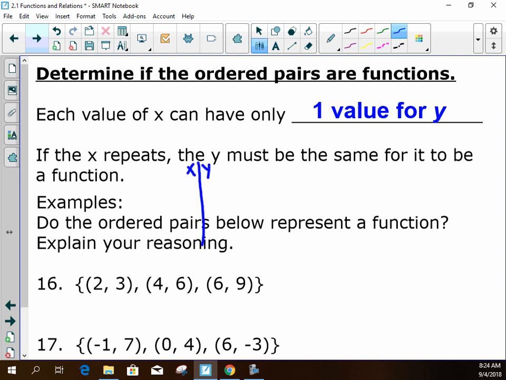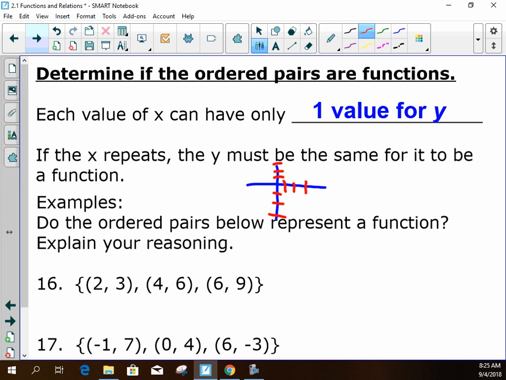Let's look at this one. 3, 0, 2, 1, 3, 6. These x values have different y values. They're not the same point, but they have the same x point, so it's not a function. So it'd be like this. 1, 2, 3. 1, 2, 3. Negative 1, negative 2, negative 3.